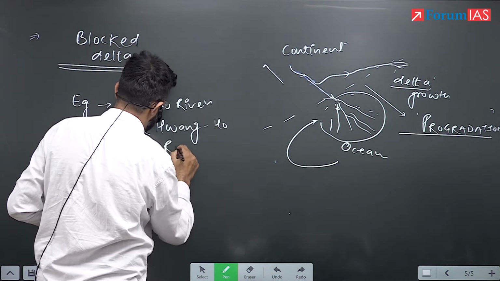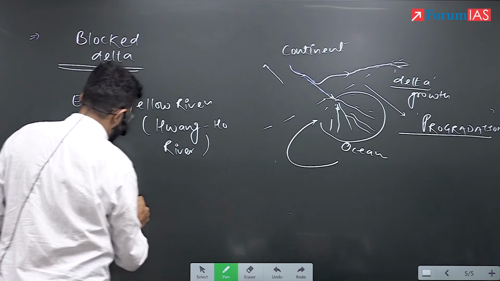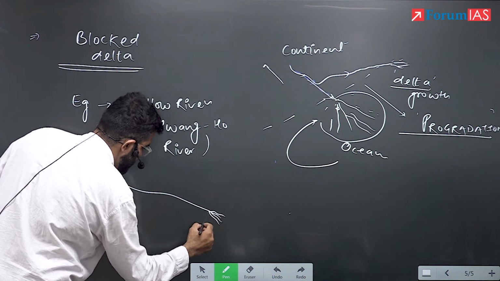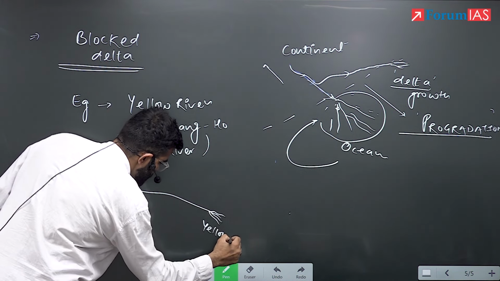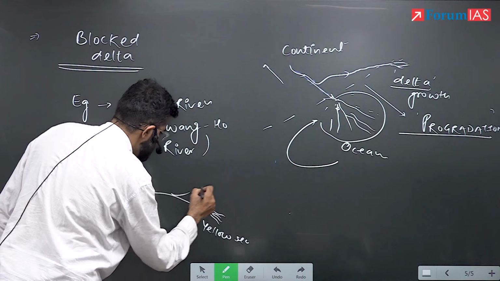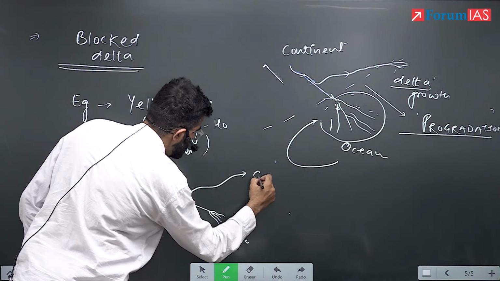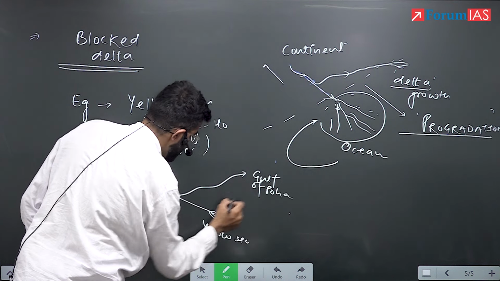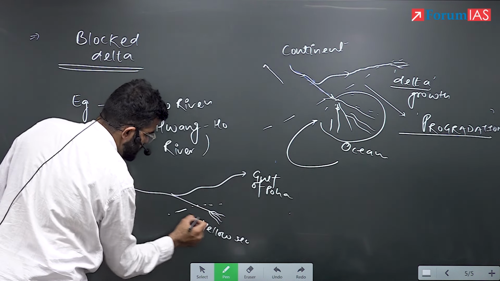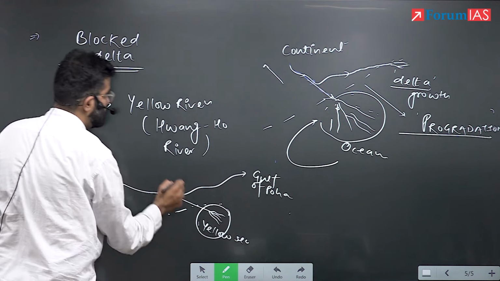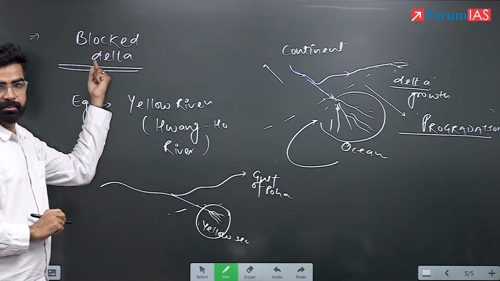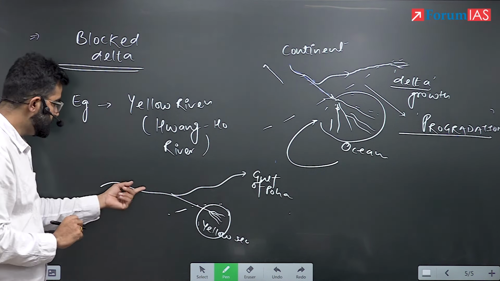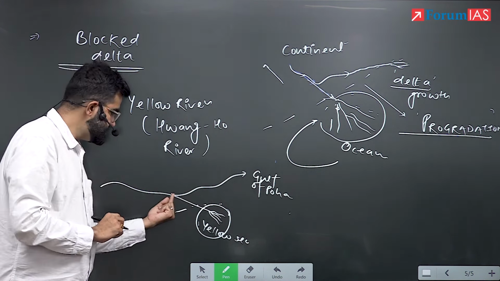So earlier, let's say it was draining its water and making a delta in this Yellow Sea. Okay, but nowadays it has changed its course and it is entering into the Gulf of Bohai. So the new delta is being formed here in the Gulf of Bohai, whereas the earlier delta has been blocked here, and therefore this is the example of blocked delta. Okay, so that is the classical example where the river course has changed and it is the reason behind this blocked delta formation.